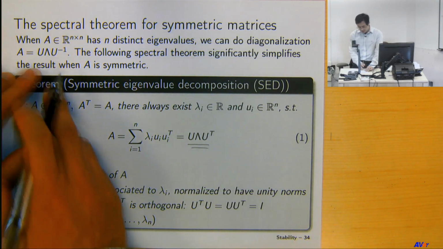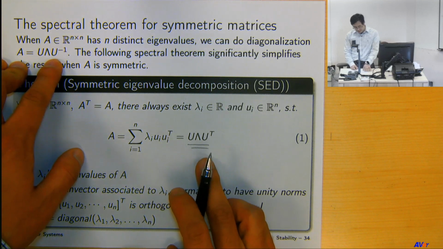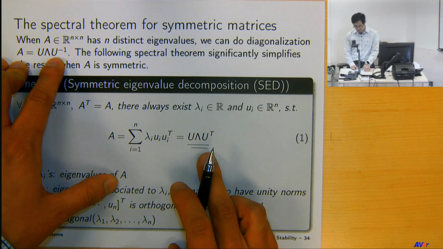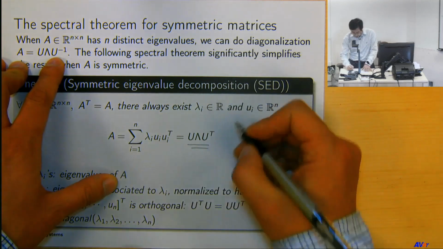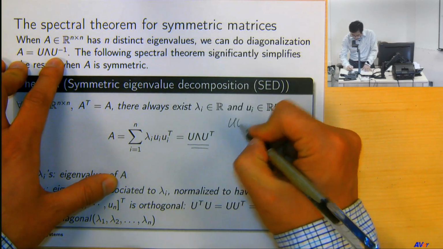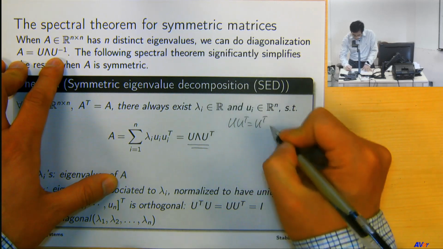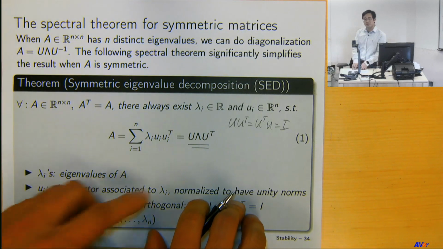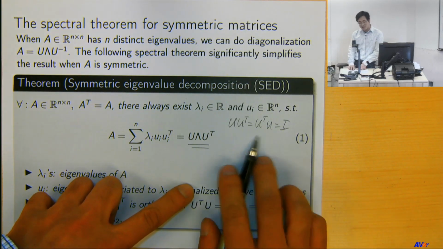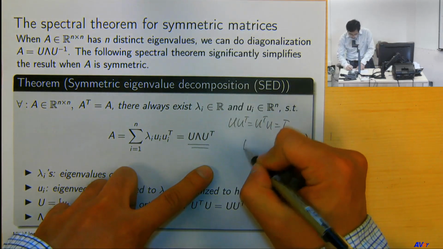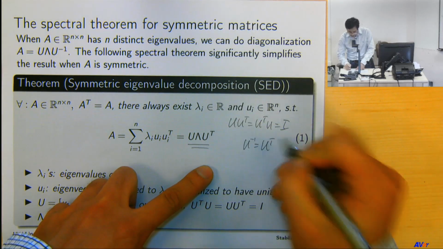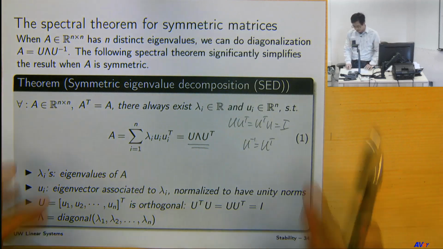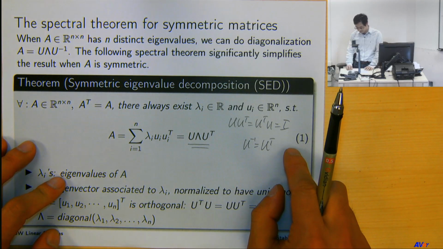So if it's symmetric, it turns out you can use U transpose to replace U inverse. And the intuition is that we talked about orthogonal matrices. What is so good about an orthogonal matrix is that it has this fantastic property that its transpose is its inverse, out of the definition right here.